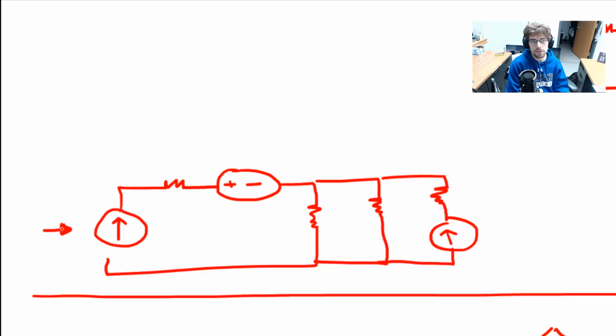Because now the left and rightmost current supplies are deactivated, and so we have simply something like this.